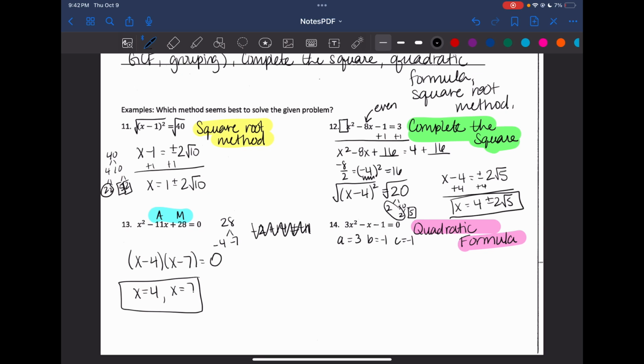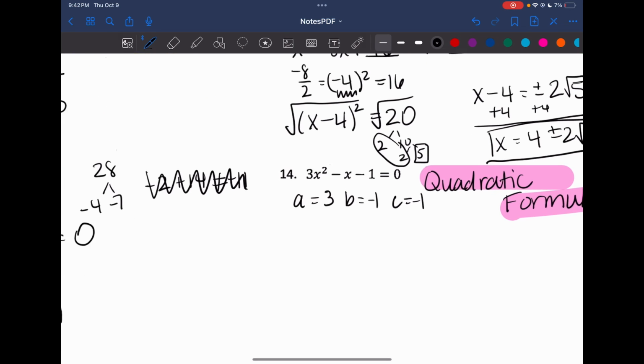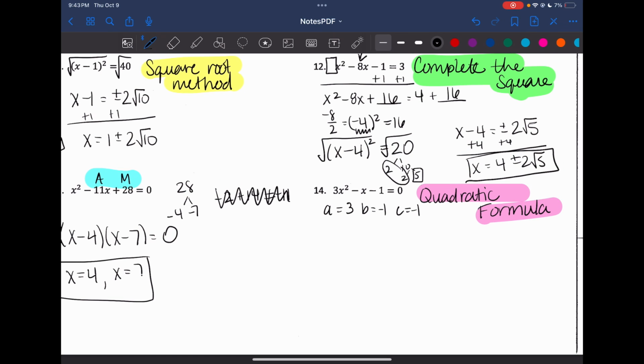When you figure those out, you're just going to plug them into the quadratic formula. So x equals, opposite of b is +1, plus or minus the square root of b squared, so -1 squared, minus 4 times a times c, so 4 times 3 times -1, all over 2a.